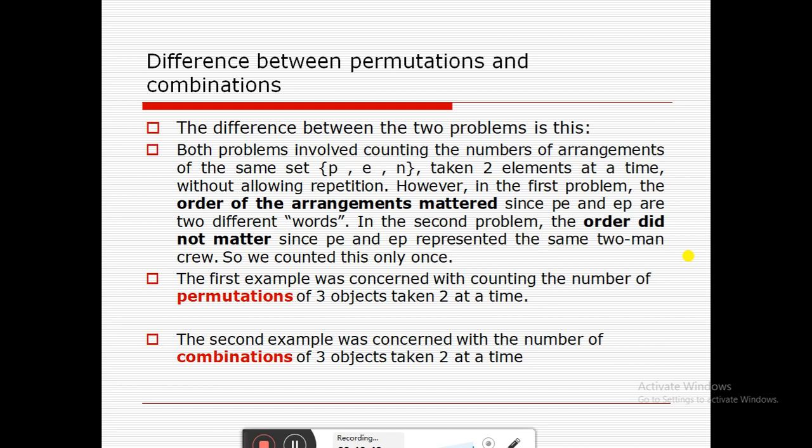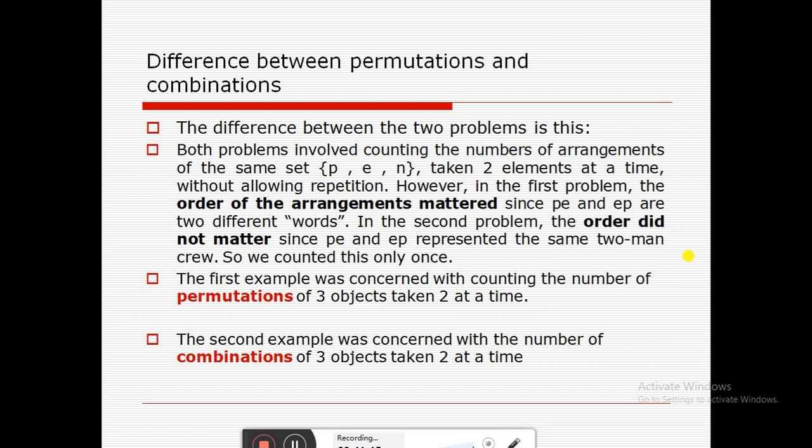So I think you come to know the difference. The first example was concerned with the counting of arrangements, that is permutation. PE and EP are different words in terms of permutation, whereas PE and EP represent the same in terms of combination.